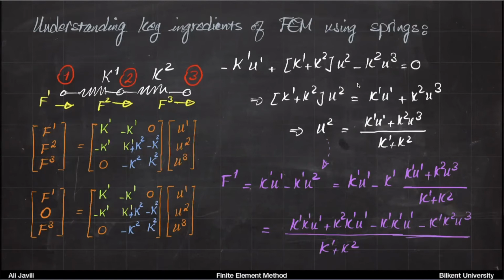If you pay attention, these two terms will cancel with each other. Then you would have a term which looks like K2 K1 minus K1 K2.